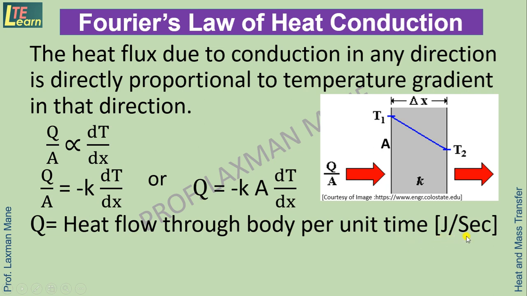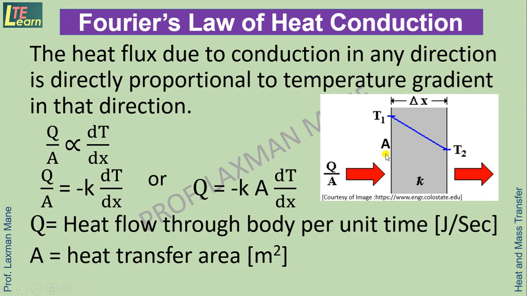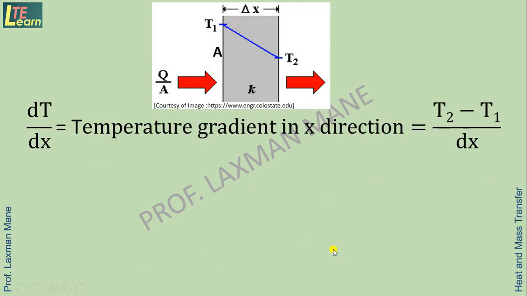Its unit is joule per second or watt. A means area, heat transfer area, which is perpendicular to the direction of heat transfer. dT by dx is the temperature gradient in x direction.